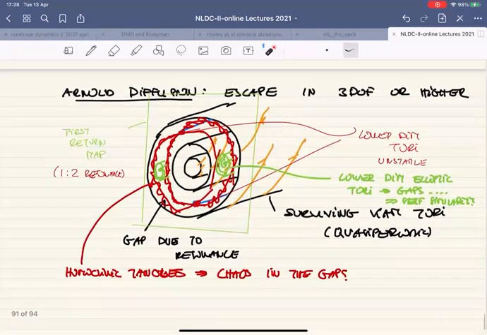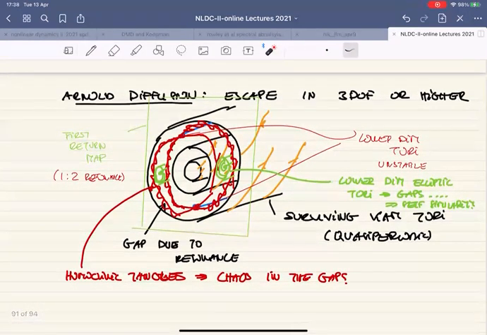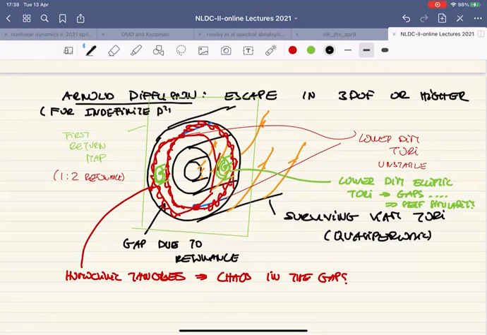Now, what's Arnold diffusion? Arnold diffusion is when you don't have that energy surface grabbing you. So that is the case when you have, for indefinite, because then all this mess that you have in the gap can actually aid you in your wandering.